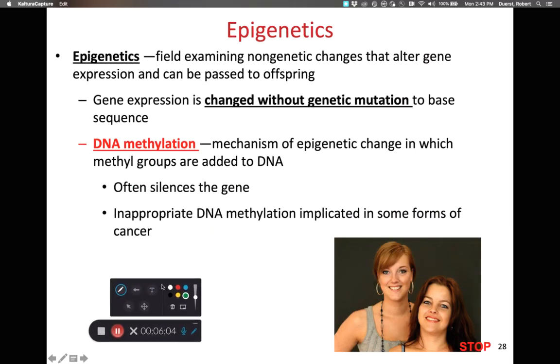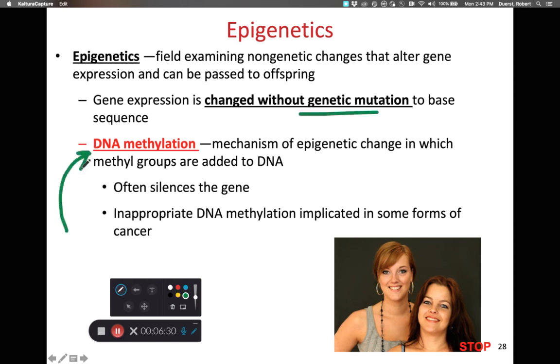And then finally, any discussion of heredity would be remiss if we did not mention epigenetics. Epigenetics is kind of the new kid on the block right now. It's looking at how the activation of genes changes based off of environmental factors and how that influences phenotypic expression within an individual. So we can change whether or not the gene is expressed without any mutations occurring.